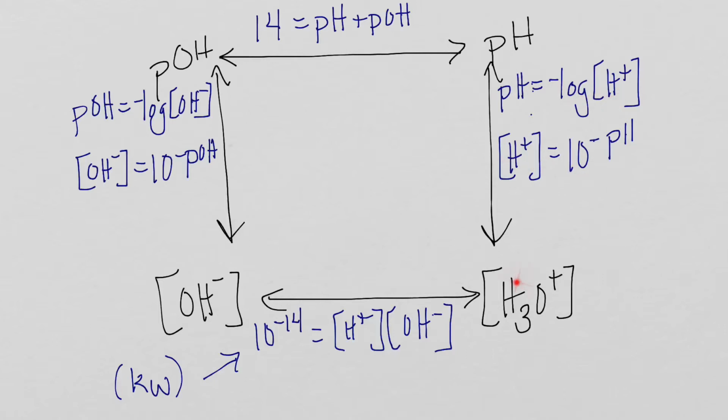And if you're going from hydronium ion to pH, you're trying to find the pH, then you can use this equation. If you want to go from pH to pOH, you've got this equation here. You can plug in if you know pH and solve for pOH and vice versa. And then for pOH right here to hydroxide ion concentration, you can basically use the equivalent of these over here.